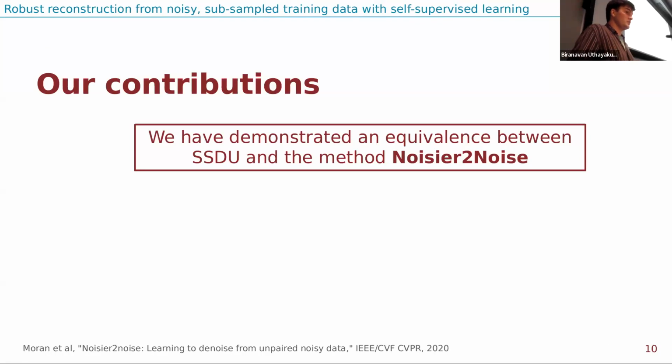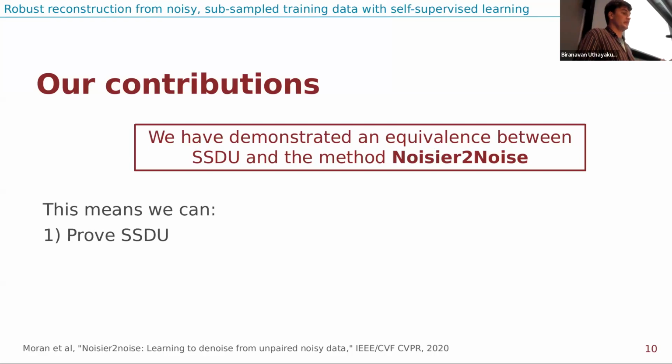So our contributions during my postdoc with Mark are that we have shown that SSDU is actually equivalent to a method called noisier to noise. Noisier to noise was published at about the same time as SSDU, but was applicable to self-supervised denoising. This has a number of consequences. Firstly, it means that we can prove SSDU.